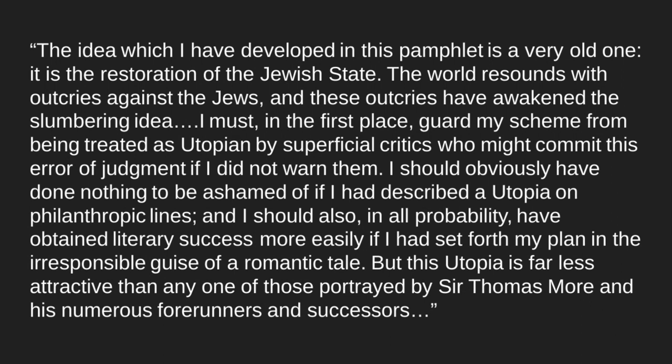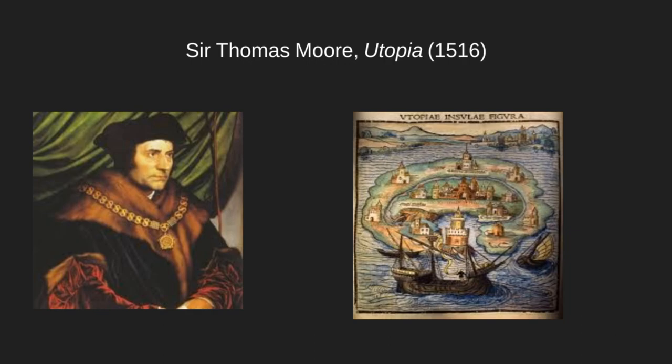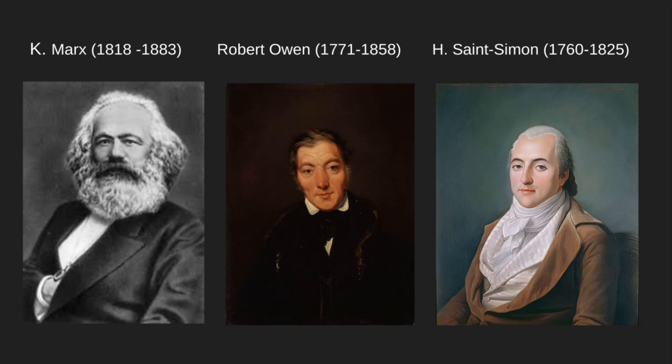forerunners and successors. Okay, so what he's basically saying here is, there's Sir Thomas More, and there's his famous text Utopia, and this idea that More introduces in 1516, which is going to become so influential, particularly in the 19th century, in the formation of different utopian socialist ideologies.